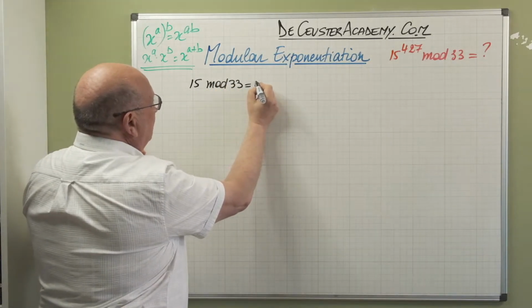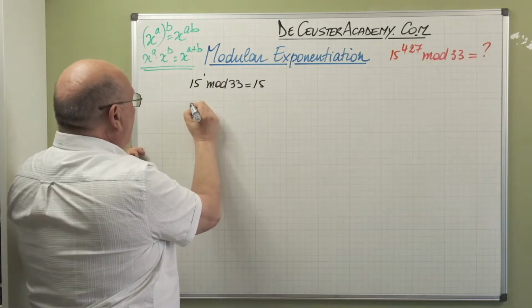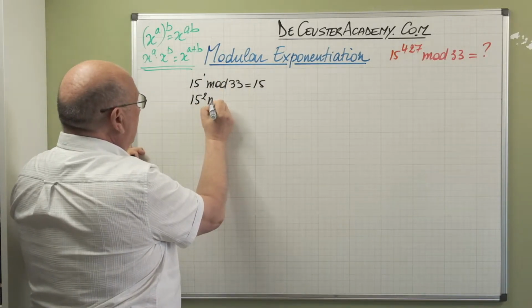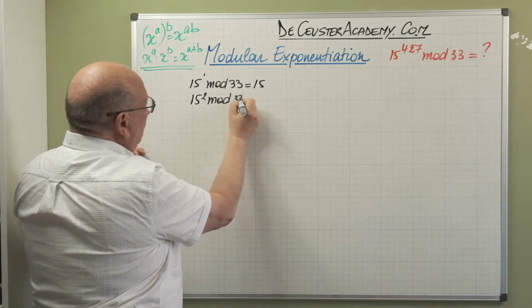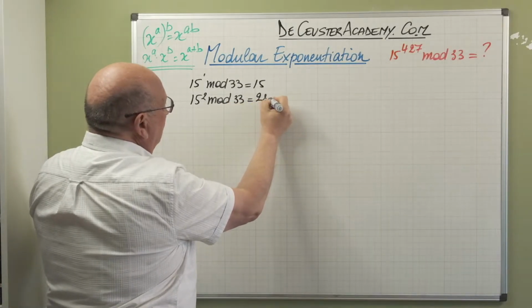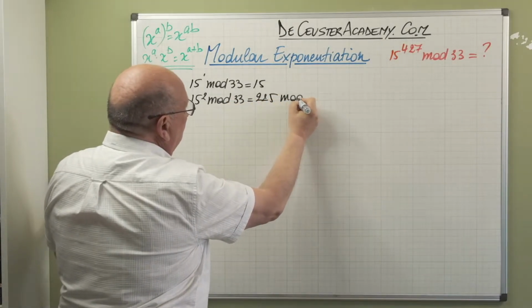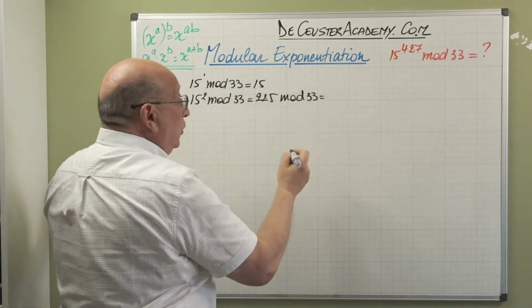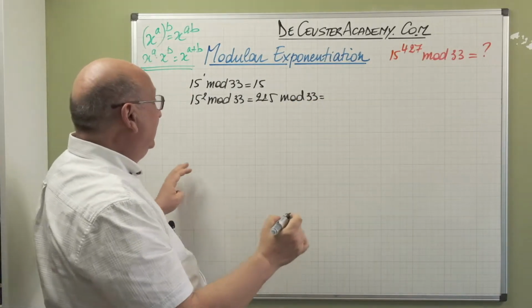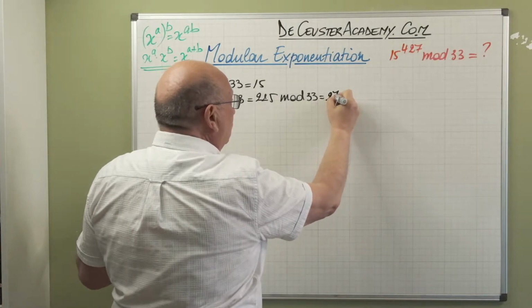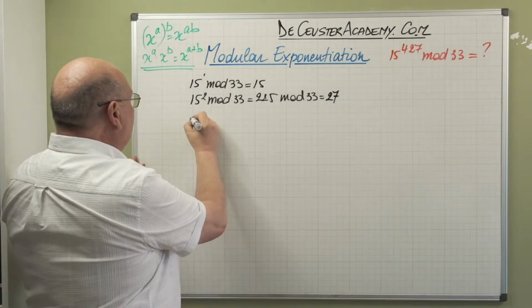That's easy, it's 15. Then we have 15 to the square modulus 33 is 225 modulus 33, which is equal to 27. Now you can do the calculations easily.